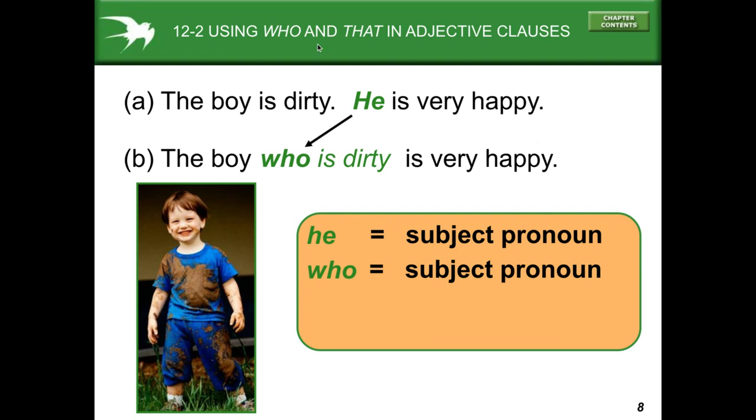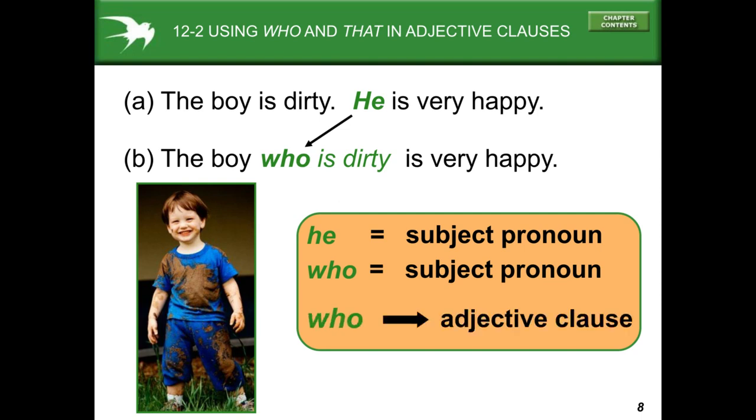So he, that's our subject pronoun in the second sentence. You can take this and you can replace this with a subject pronoun who. We call this a relative pronoun. And that's how adjective clauses work. A subject pronoun will be replaced by a relative pronoun.